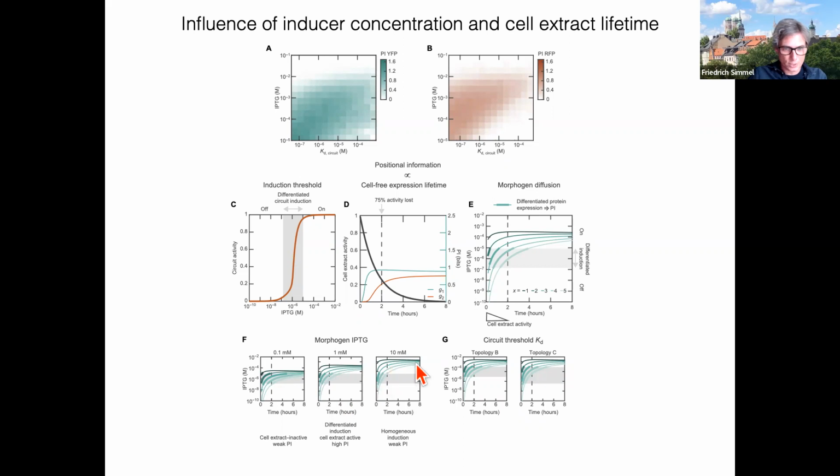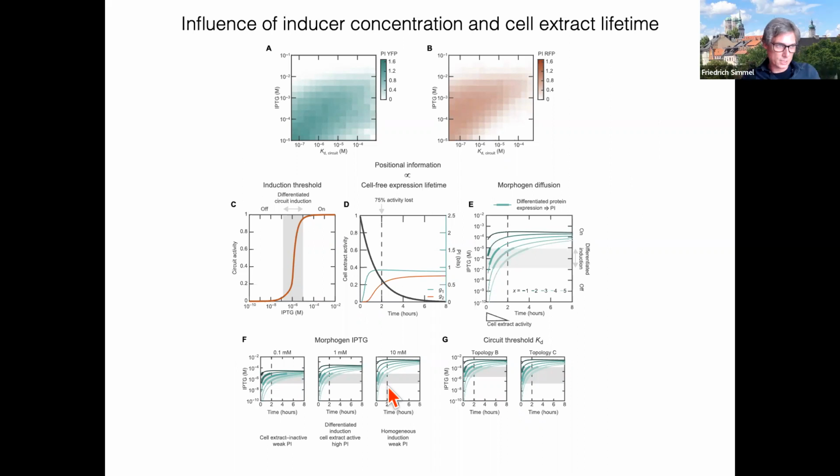As I said, when there is too much IPTG in the center droplet, then we get too high expression levels too early, so we cannot do any kind of differentiation.